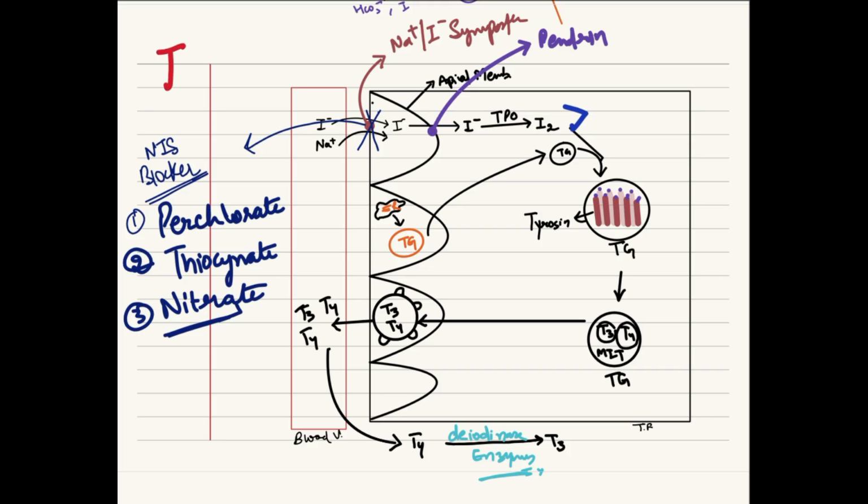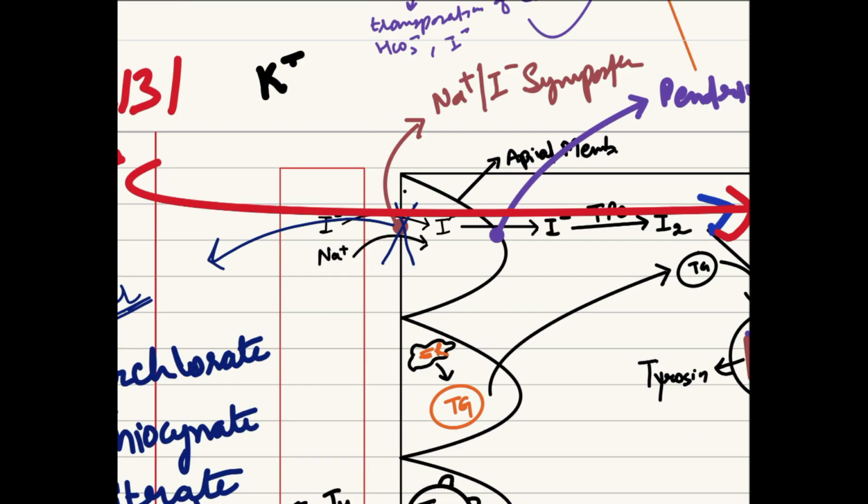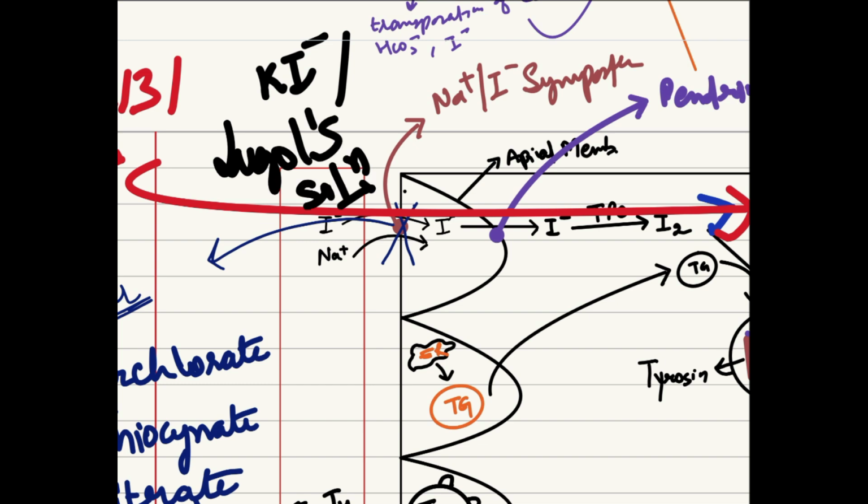Now suppose a child is exposed to radioactive iodine. What will happen at the level of the thyroid gland? This radioactive iodine uses the same transporter, the sodium iodide symporter, and enters the gland, resulting in destruction of the thyroid gland and decreased synthesis and secretion of thyroid hormone. To prevent this, we immediately use potassium iodide, also called Lugol solution.